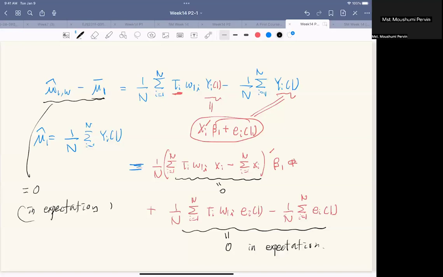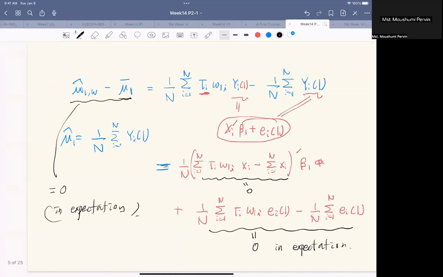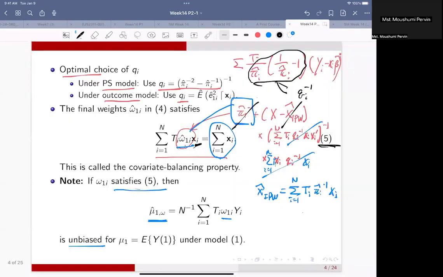So that means it is model unbiased. Okay, so that is the note here.